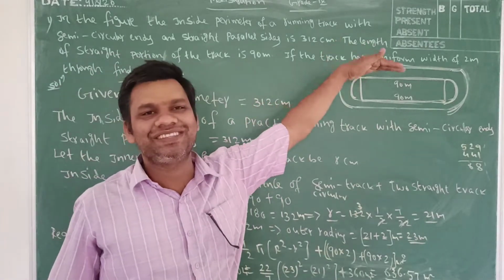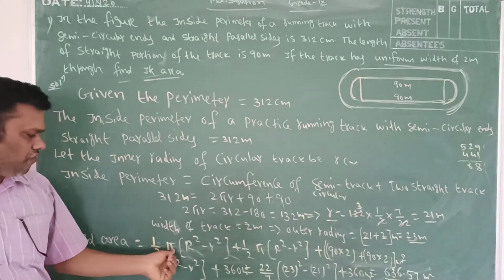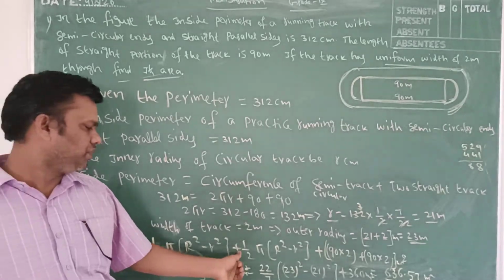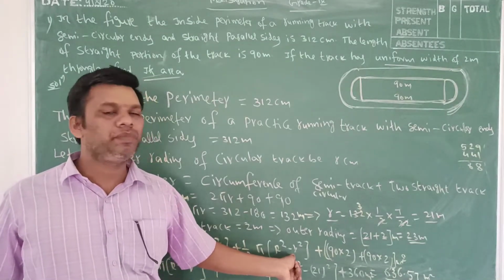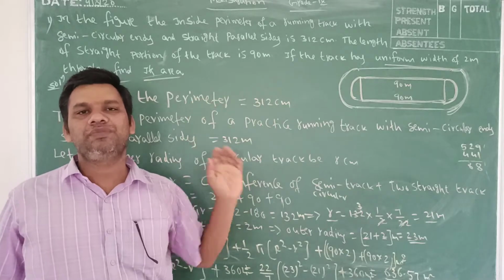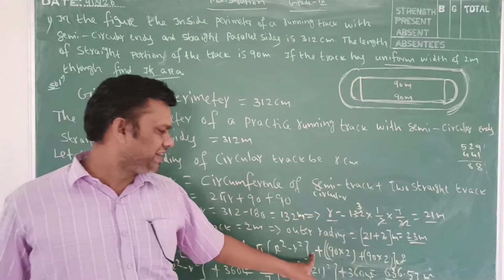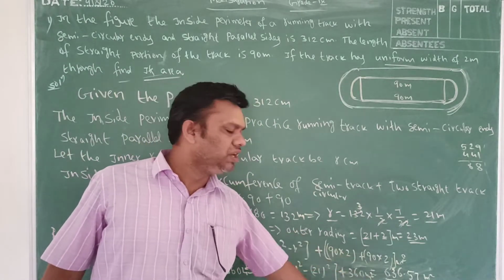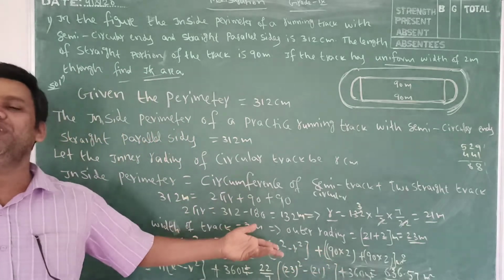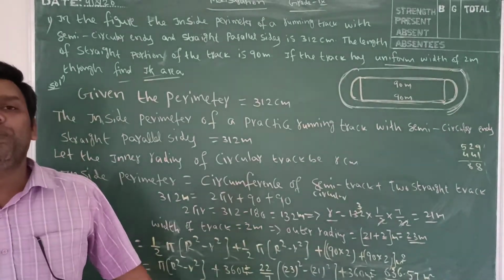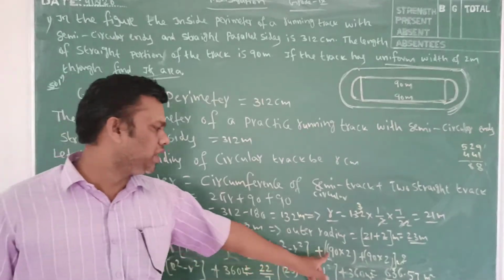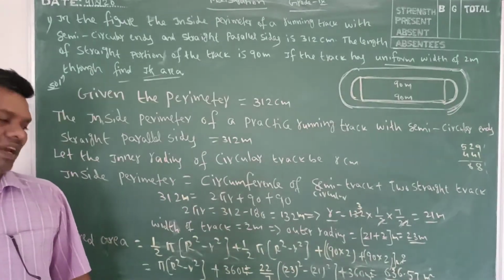That is half pi into R square minus r square, plus half pi into R square minus r square, since 2 semicirculars are there, plus length into breadth plus length into breadth. 90 into 2 plus 90 into 2, length into breadth being the area of a rectangle formula. That is 180 plus 180, 360 meters square.